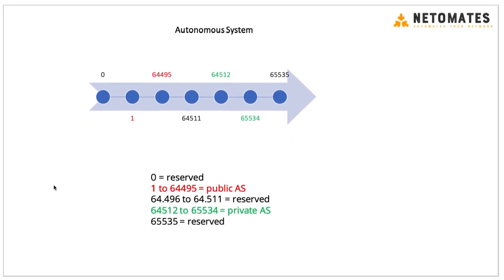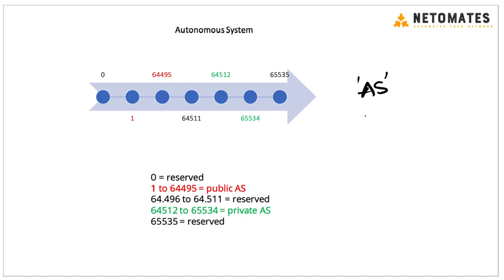In OSPF, we have seen areas, backbone areas, standard areas, and other types of areas collected together to exchange routing information. But in the case of BGP, we have autonomous systems, shortly called AS. An AS is a logical boundary to control route propagation.